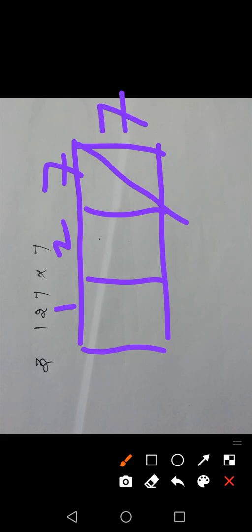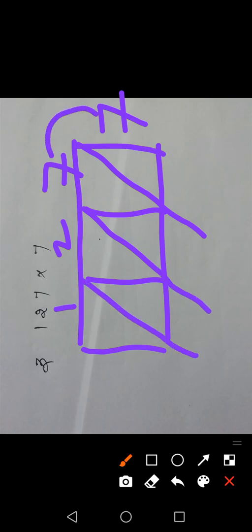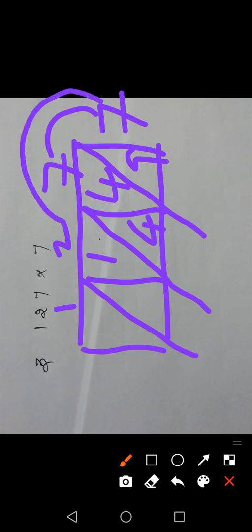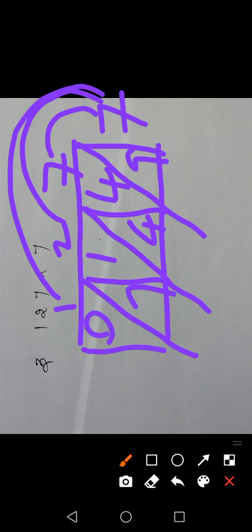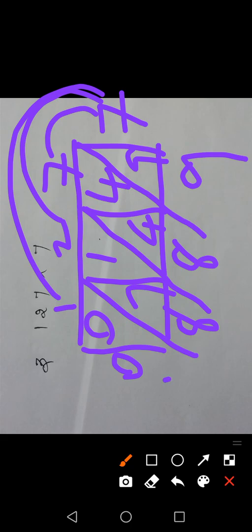Then you draw the diagonal lines. Next 7 7s are 49, 2 7s are 14, 1 7 is 7. 7 is a one-digit number, so in front of it you put 0. Now write the solution: 9, then 4 plus 4 is 8, 7 plus 1 is 8, zeros have no value. The solution is 889.